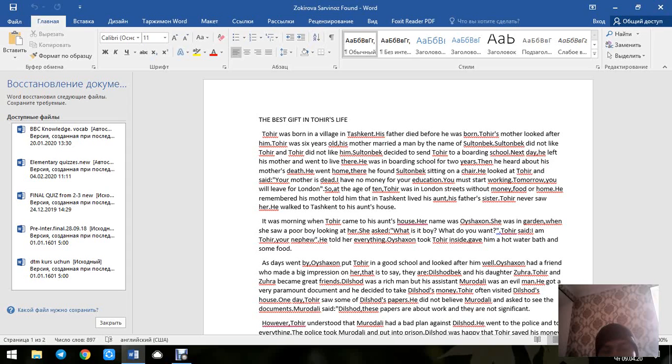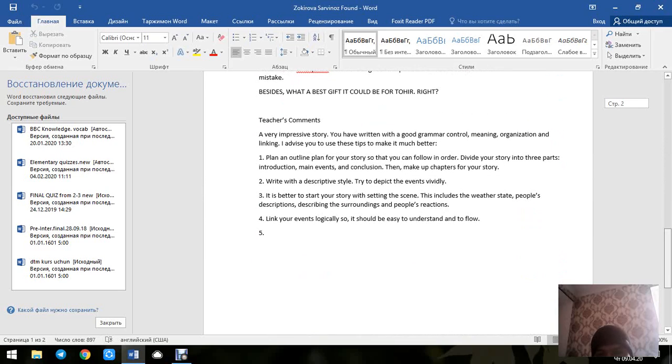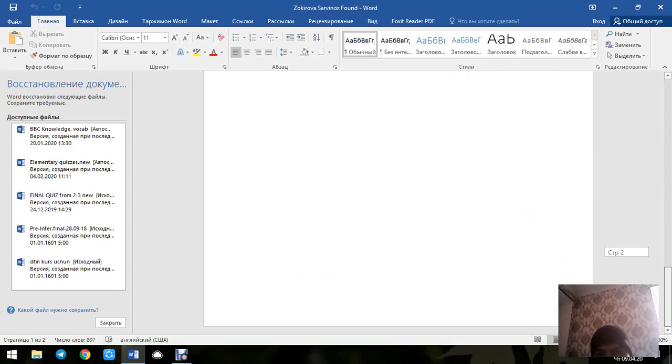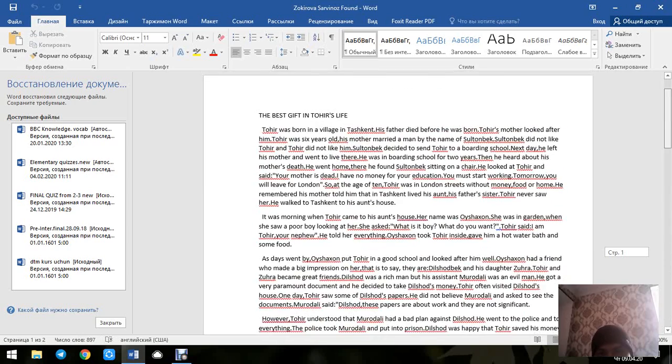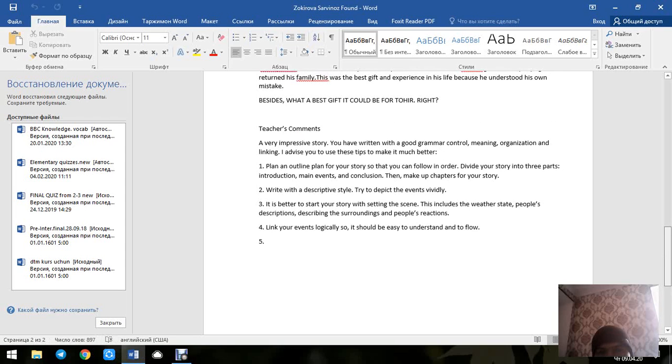So let's start. If you look at the beginning part, this is the introduction, and we can see a lot of events here, and it's of course a 1.5 page story. The number of words here is 897, and here I have written some tips, teachers' comments.